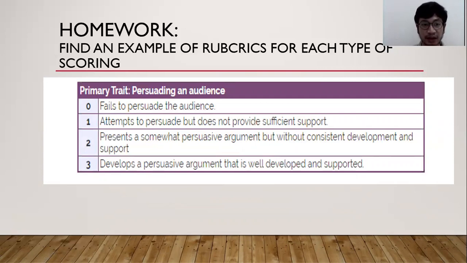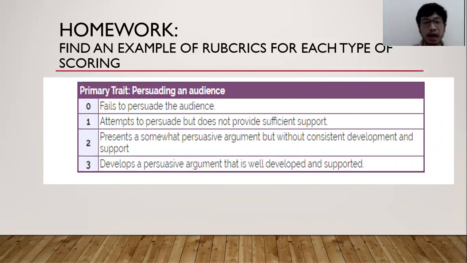So from this example, 0 means failing to persuade the audience, while 3 means developing a persuasive argument that is well developed and supported, right? And this rubric might be suitable for assessing persuasive or argumentative writing, because the primary function of argumentative writing is to persuade the audience, to persuade the readers.